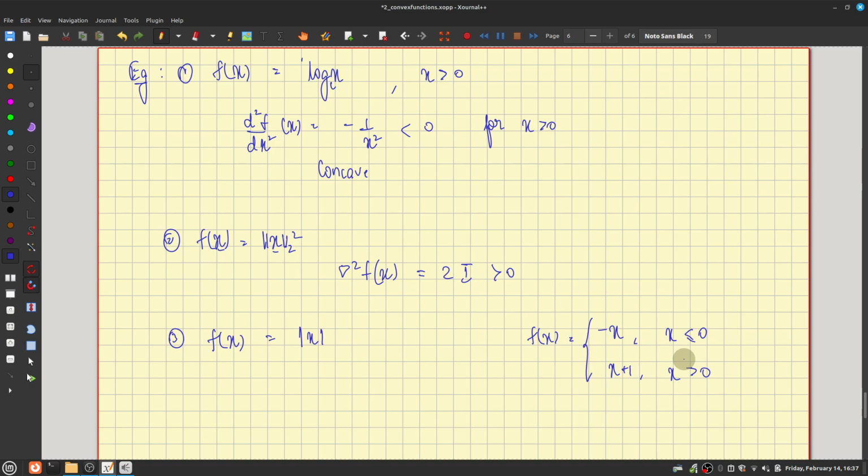Again, the derivative does not exist at all points. So its double derivative is 0. Where is the double derivative? Okay, the first definition, double derivative is 0. How did you conclude that it has a minimum? Yeah, visually you could say that is true, but that's not a proof.